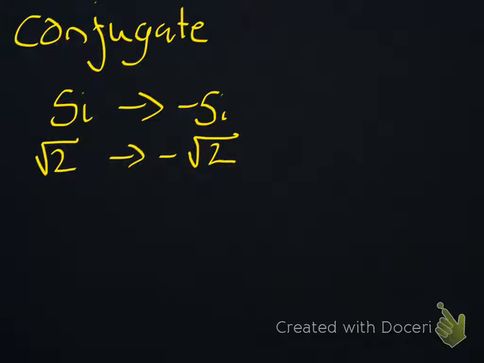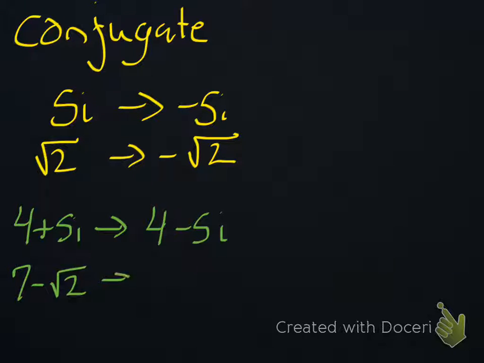Now, if I have 4 plus 5i, then it's going to be 4 minus 5i. These are conjugates. If I have 7 minus square root of 2, its conjugate is 7 plus the square root of 2.